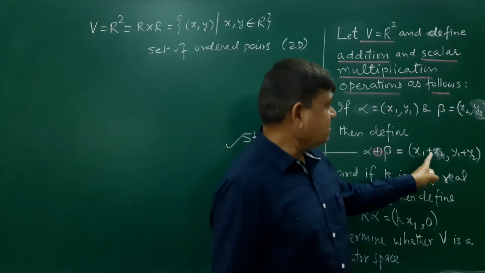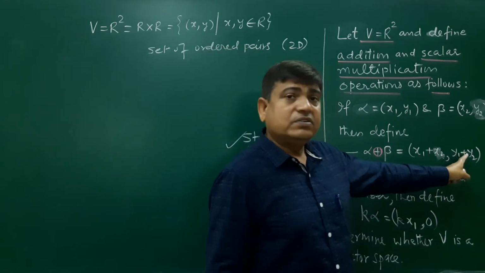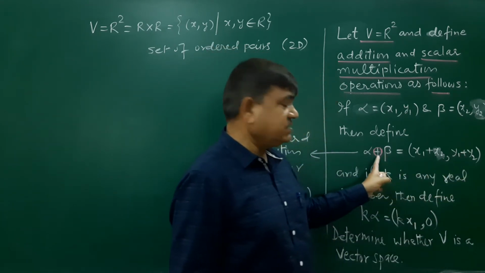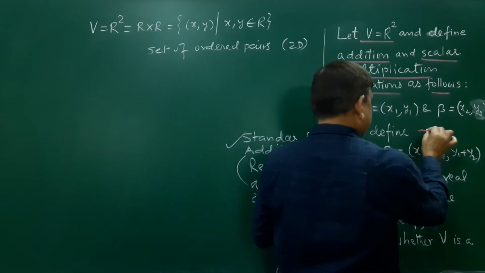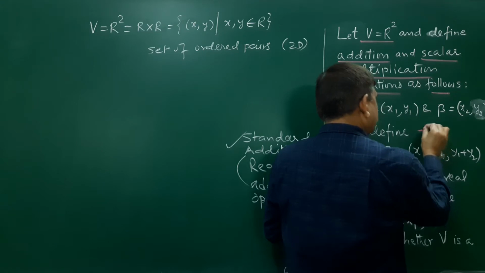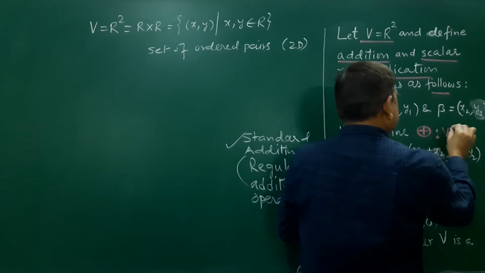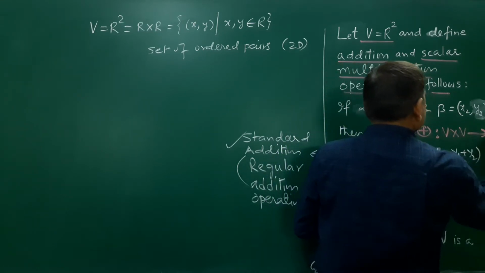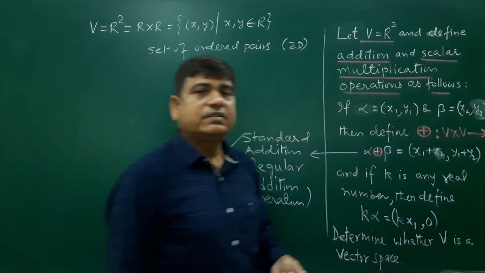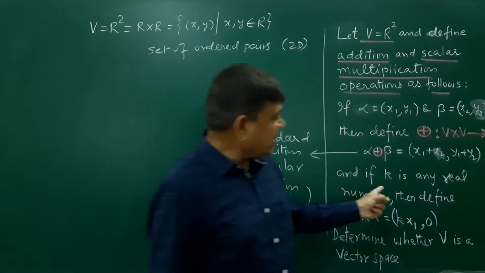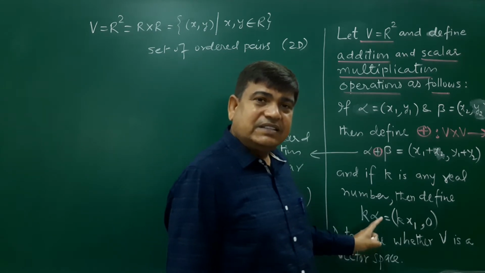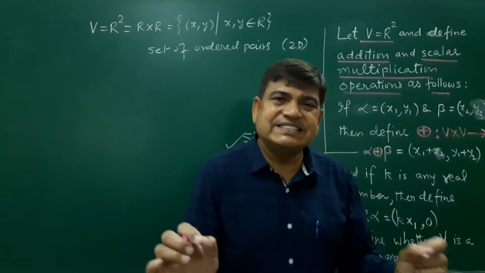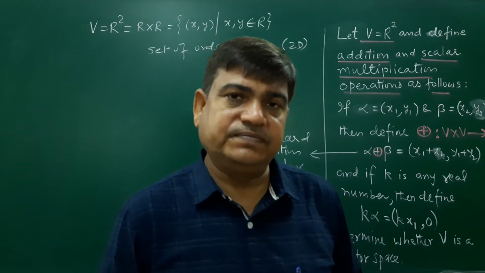So this is ordinary addition, this is also ordinary addition, but this is not the ordinary addition. Here the operation is from V cross V to V, internal composition. And if k is any real number, then define this one. This operation is not the standard scalar multiplication.